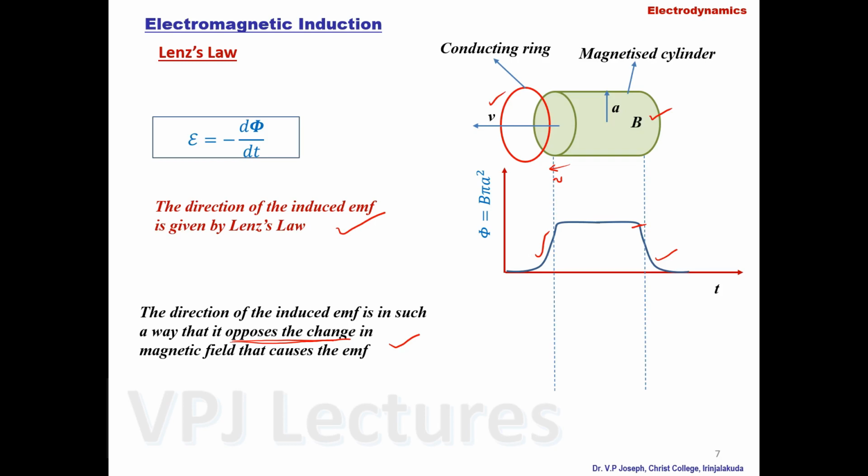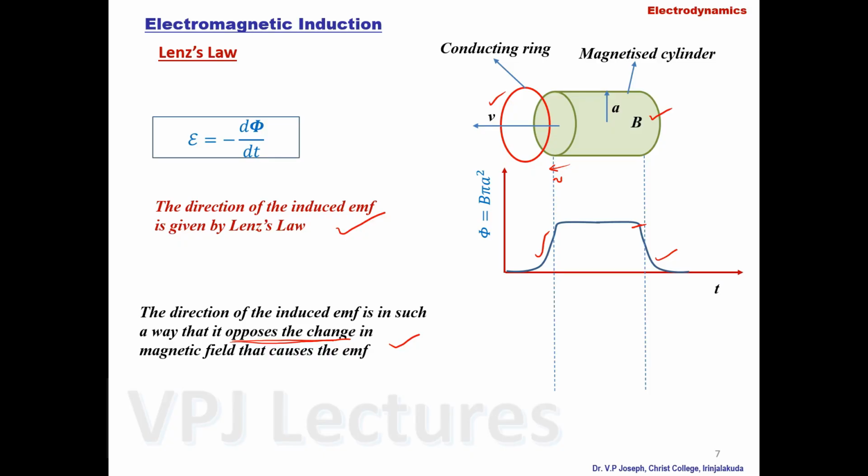So at the entry point, the magnetic field is increasing. The magnetic field is increasing means the circuit produces a magnetic field opposite to that of the incoming magnetic field. So the EMF is in the opposite direction.